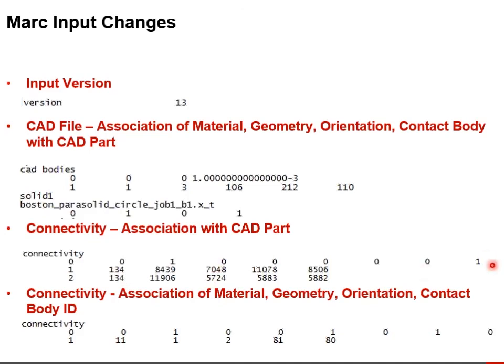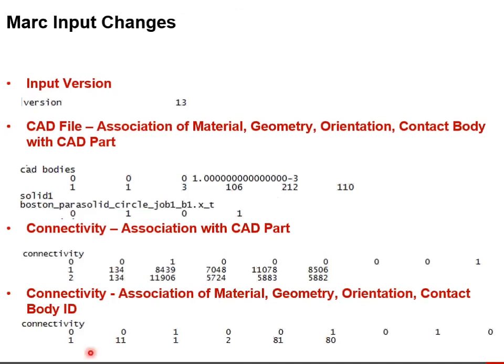So there are some additional numbers. This number 1 says these group of elements, and you'll see Mentat will write out different blocks of elements if they're associated with different CAD bodies. We'll say this bunch of elements are associated with CAD body 1, and then it will say CAD body 1 happens to have material ID 1 and contact body 1.